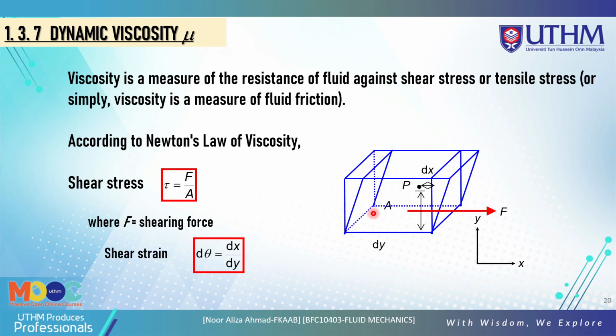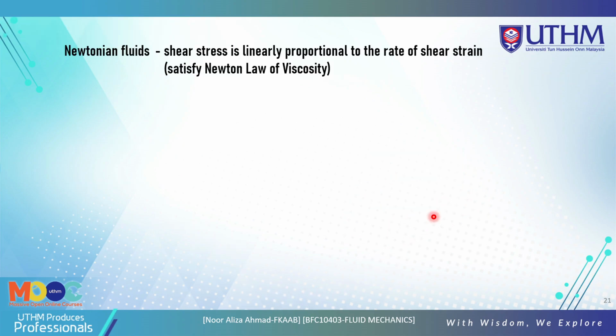The shear strain is theta equal to dx over dy, so the rate of shear strain, d theta over dt, is equal to dx over dy times 1 over dt, which is equal to du over dy. This is dynamic viscosity.